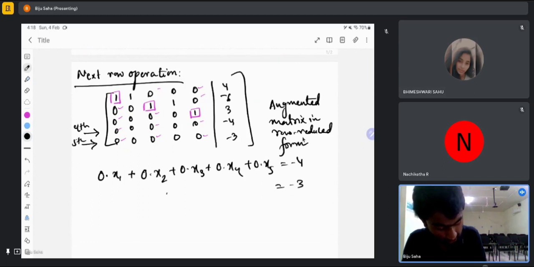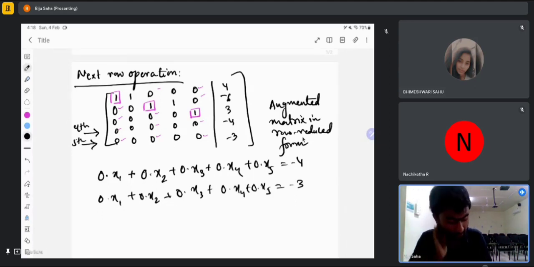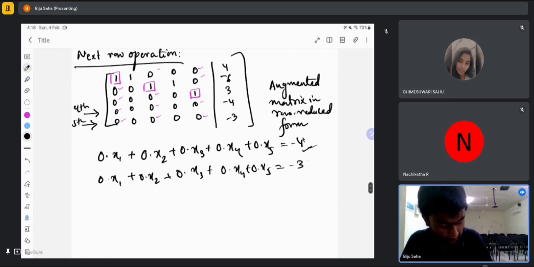Similarly, I obtain something from the fifth row also, 0 dot x1 plus 0 dot x2. This is very impractical, because whatever value you multiply by 0, it should turn out to be 0, but there are non-zero elements on the right hand side.